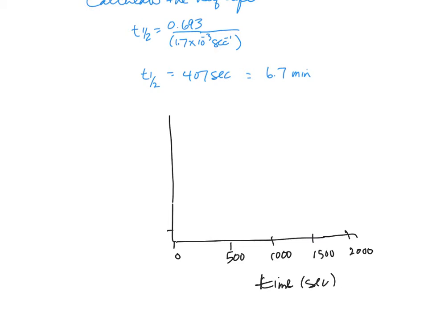Starting with 0.002. This is the concentration of N2O5: 4, 6, 8, 10, 12, 14, 16, something like that. So 0.004, 0.006, 0.008, 0.010, 0.012, and 0.016.